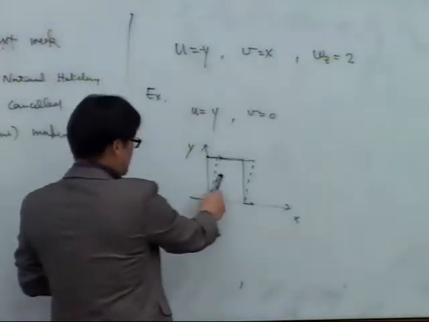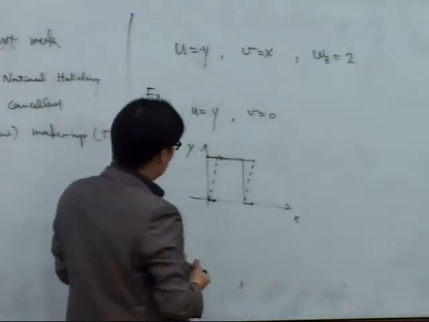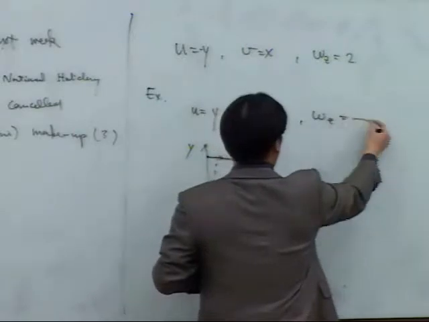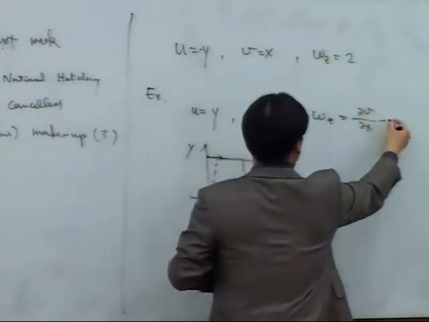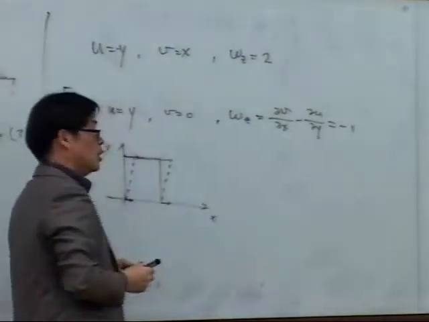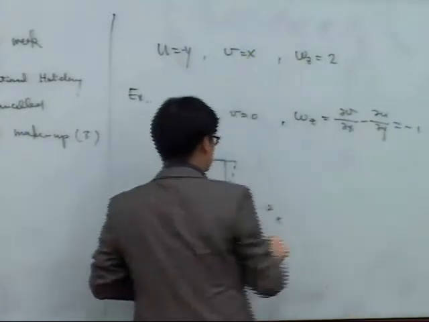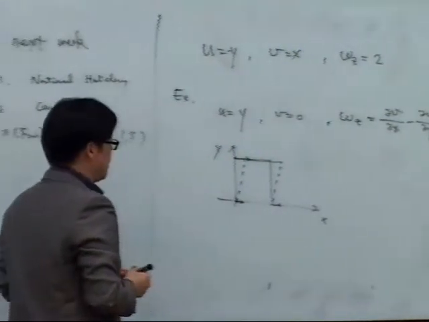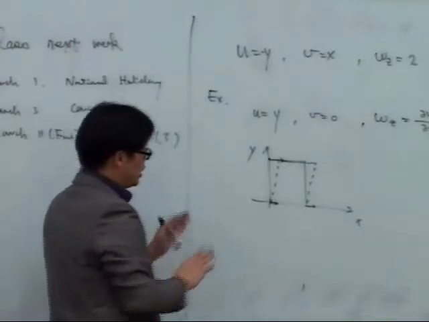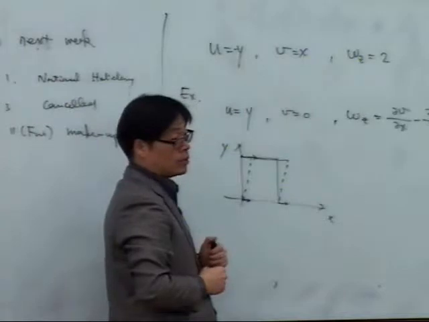So this rotation is 0, but this rotation is not. And therefore the vorticity, omega z, defined by dv/dx minus du/dy, is minus 1. Because this one is 0, and this is minus du/dy, which gives minus 1. The reason we have a negative vorticity is that this is rotating in the clockwise direction.